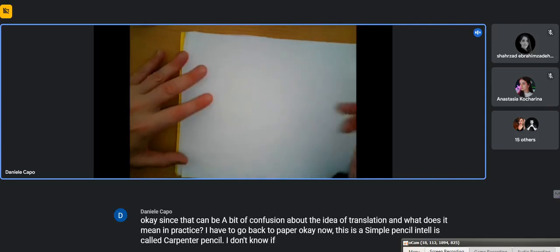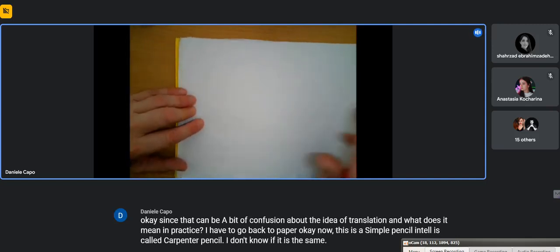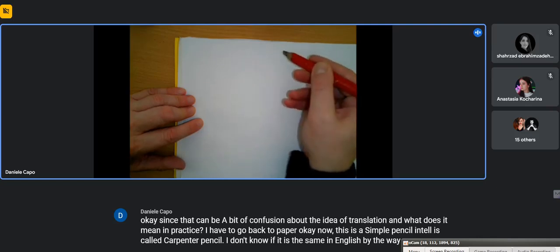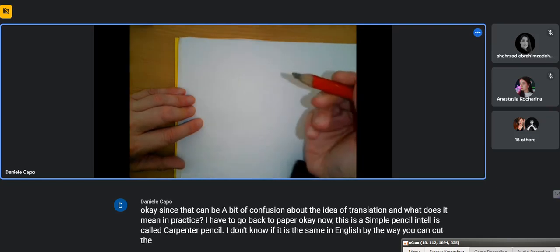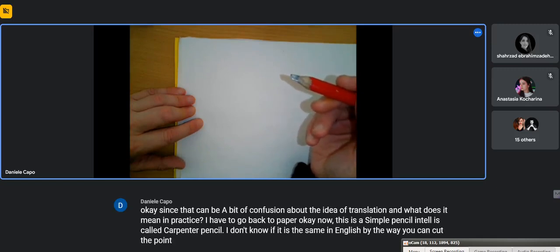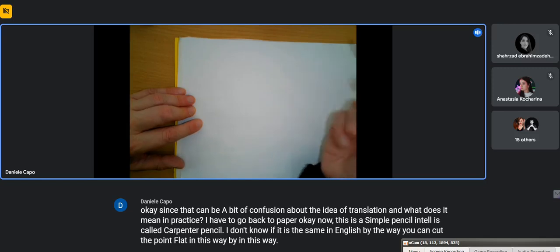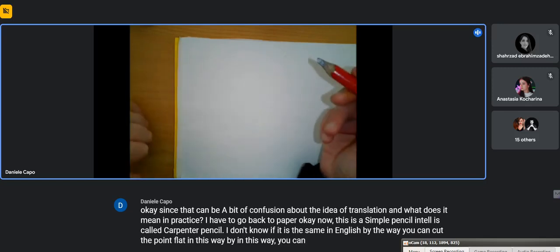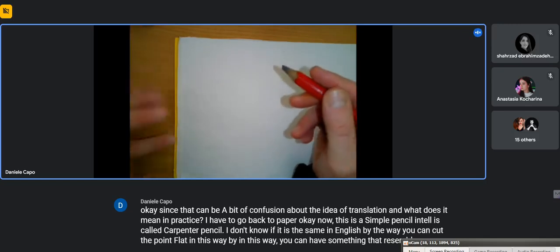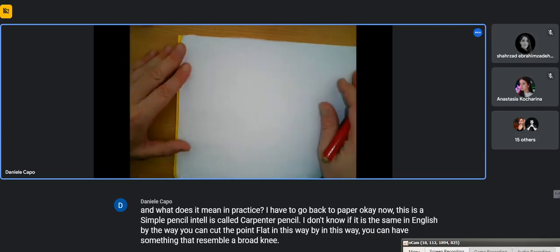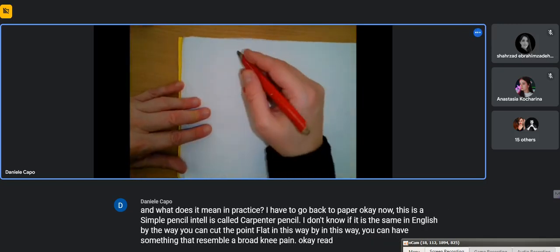I don't know if it is the same in English. By the way, you can cut the point flat in this way, so you have something that resembles a broad nib pen, a reed pen.